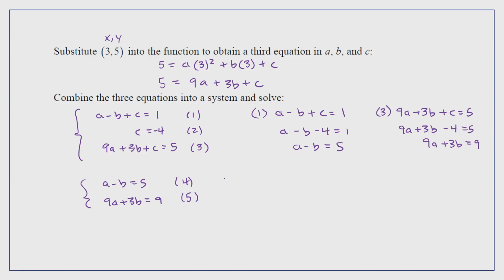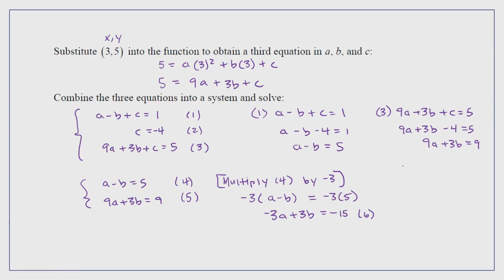So I'm now going to multiply. Let's see, I'm going to multiply equation 4 by -3. So I'll multiply -3 on the left side and -3 on the right side. So that's -3a plus 3b equals -15. And so that's in new equation 6.